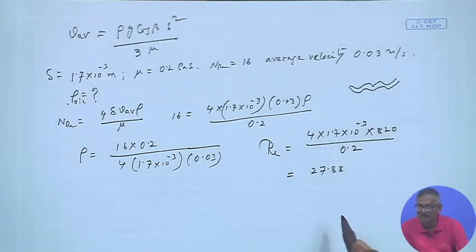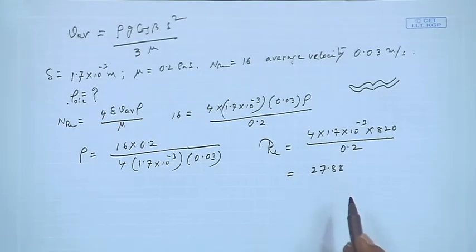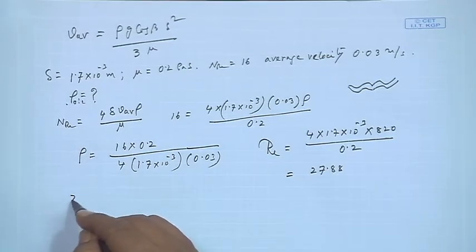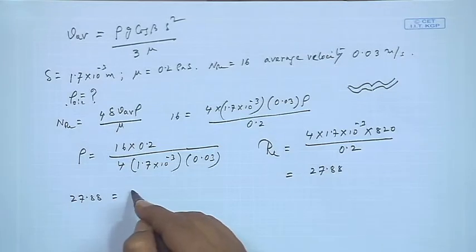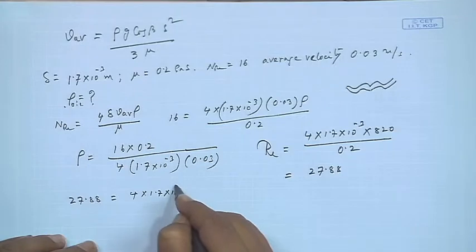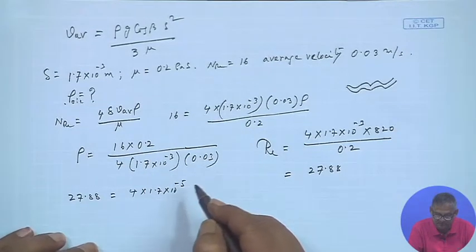And after that, if we take that Reynolds number to be okay, 27.88 and 4, this is 1.7 10 to the power minus 3, right.